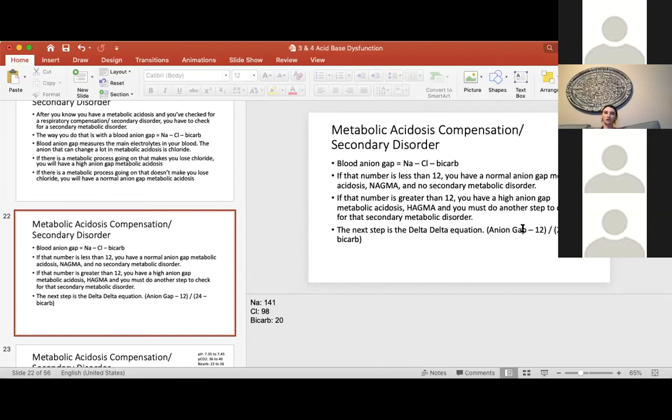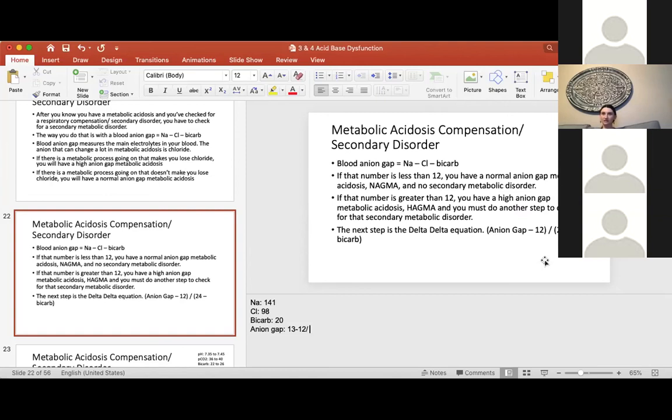So what you do is you take your anion gap, so we said it was 13. So 13 minus 12, which is the normal, remember, number greater than 12. So we're looking at the change, so that's why it's called delta-delta, so delta divided by delta.